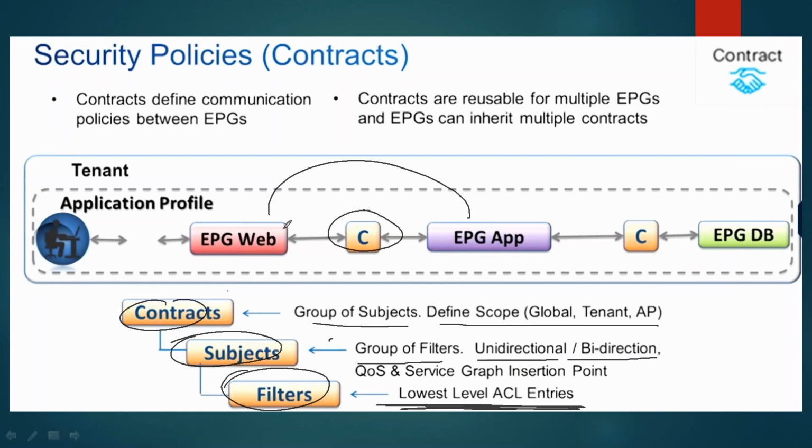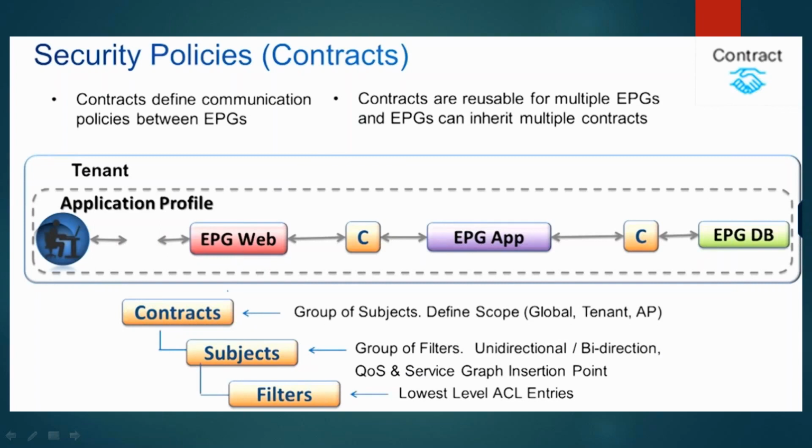If you want to allow ICMP, or HTTP port 80 or port 443, you have to create the ACL lines and define who is the provider and who is the consumer. For example, the provider is app and the consumer is web. That relation you have to create along with your ACL entries.